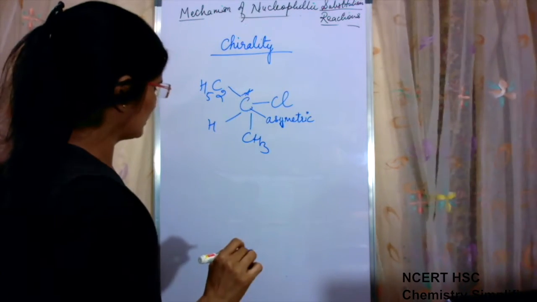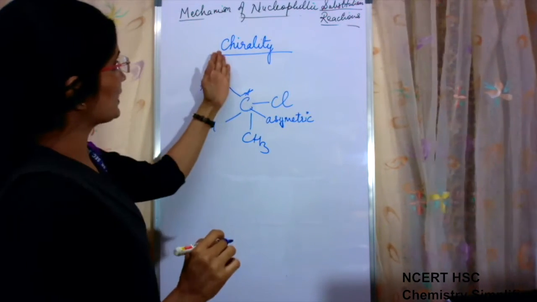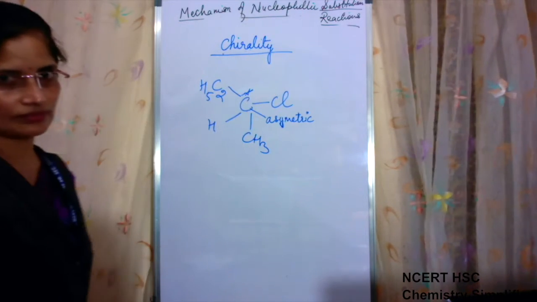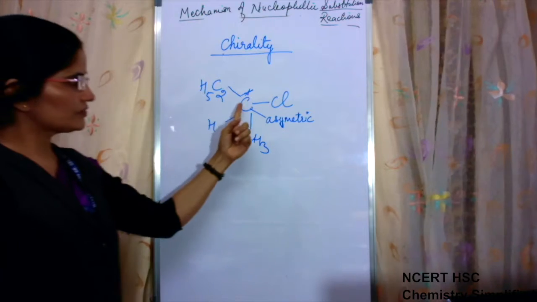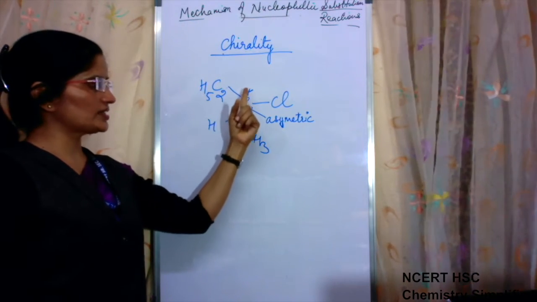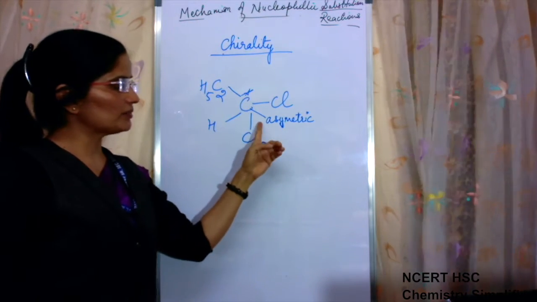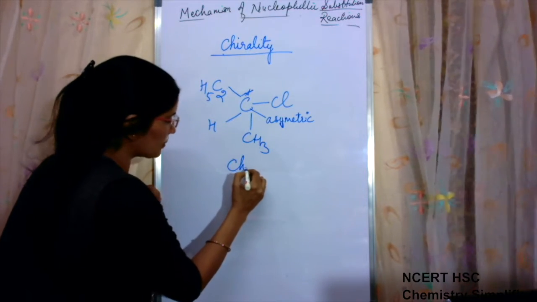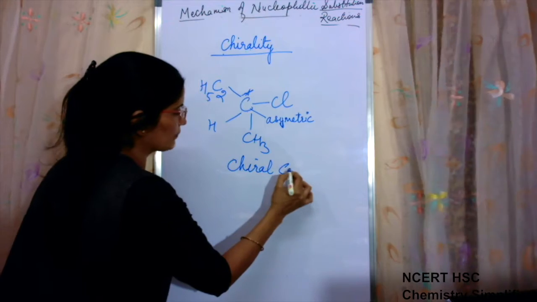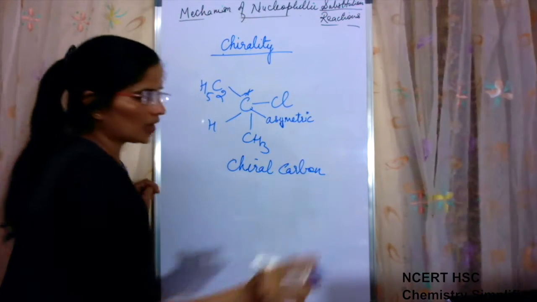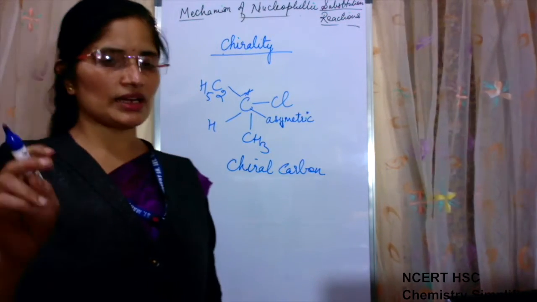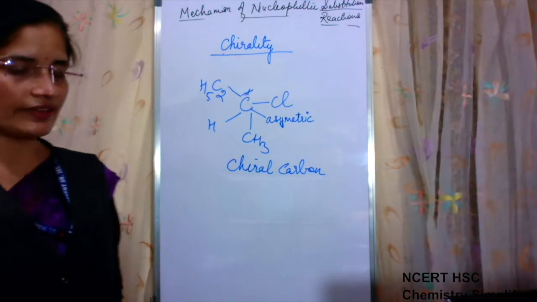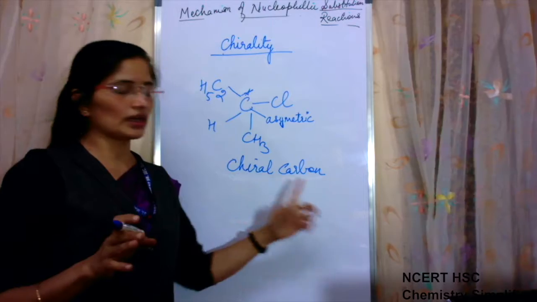Is it written on top in the heading in blue, chirality? Okay, that means we write it by showing a star mark. The carbon atom is asymmetric, or you can also say this carbon atom is a chiral carbon. What is the meaning of chiral carbon? If a carbon atom is attached to all different groups, all 4 bonds different, then it is known as chiral carbon.